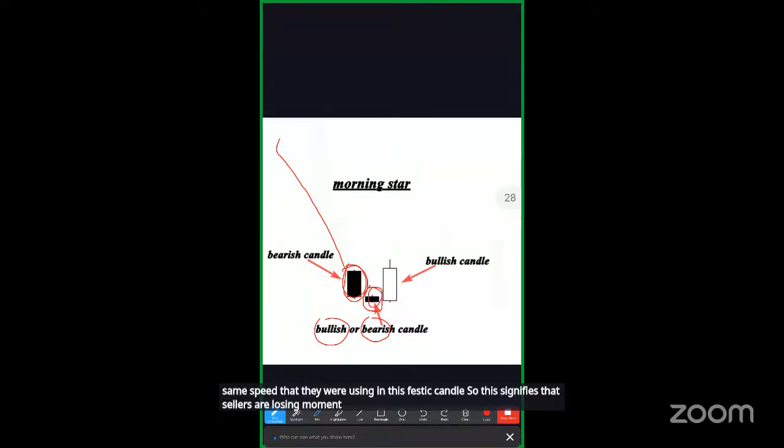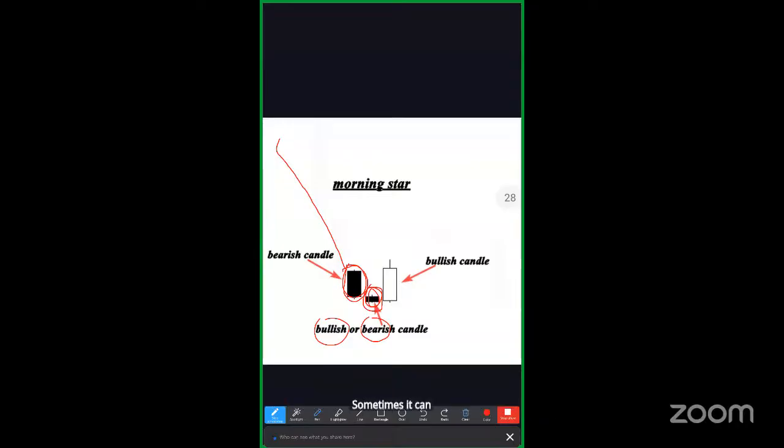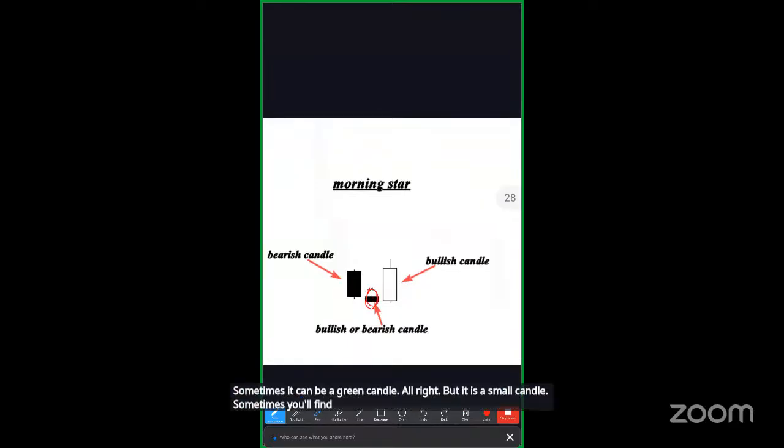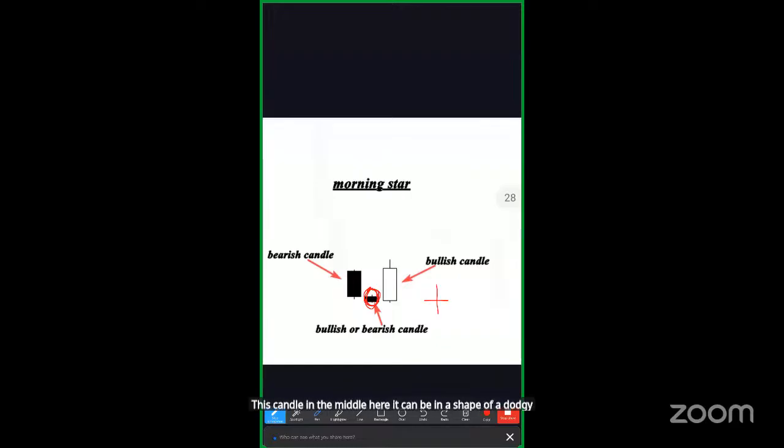Sometimes it can be purely red, sometimes it can be a green candle, all right? But it is a small candle. Sometimes this candle can be a doji, okay? This candle in the middle here can be in the shape of a doji, all right? But this is the significance.